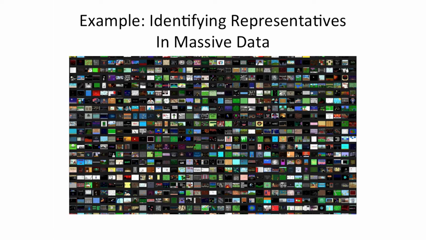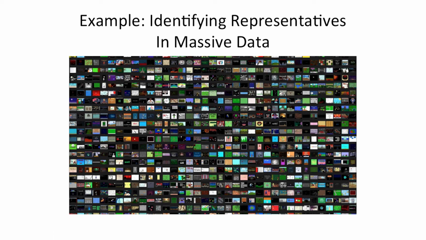Okay. Another example that I like to mention is that of identifying representative items in a very large data set. Concretely, let's think about finding representative images in a huge data set, such as the tiny images. The subset of the tiny images looks like this.